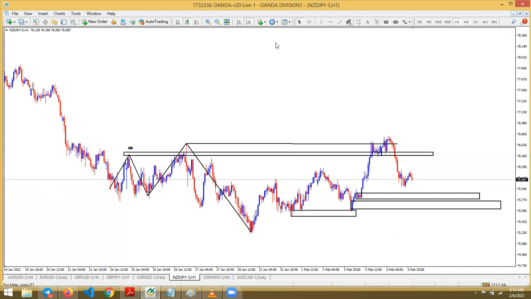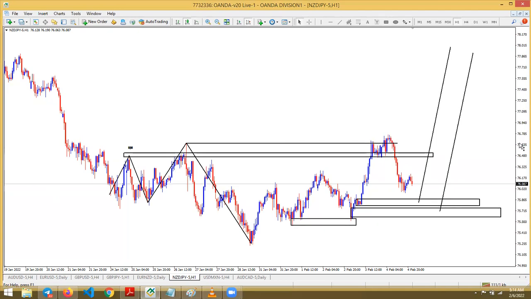So we're just going to see if price will react to these areas here. So you can see now this is a typical example of a counter attack based on the concept of the ignored Quasimodo. So this is a potential setup.